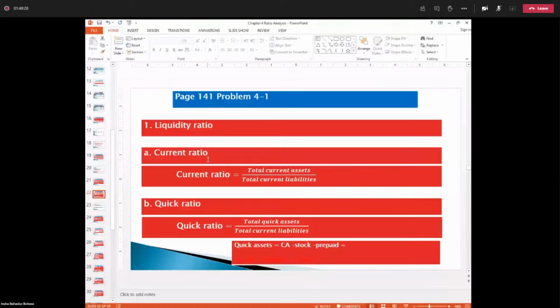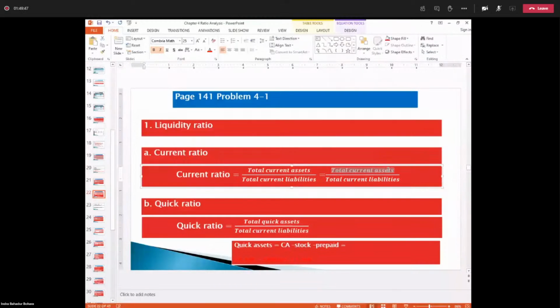Now current ratio equals total current assets divided by total current liabilities. Total current assets are already given as 50,000. Have you seen? Total current assets are 50,000, divided by total current liabilities, 20,000.